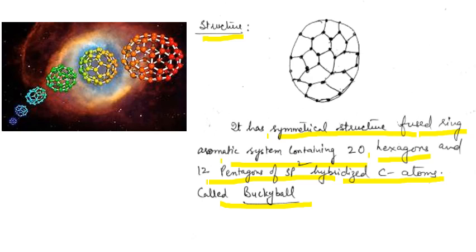We have the pentagons and the hexagons, and it can be 20 hexagons and 12 pentagons. The carbon is in the sp2 hybridized state, and it is a symmetrical structure like a football. So that is called a buckyball.